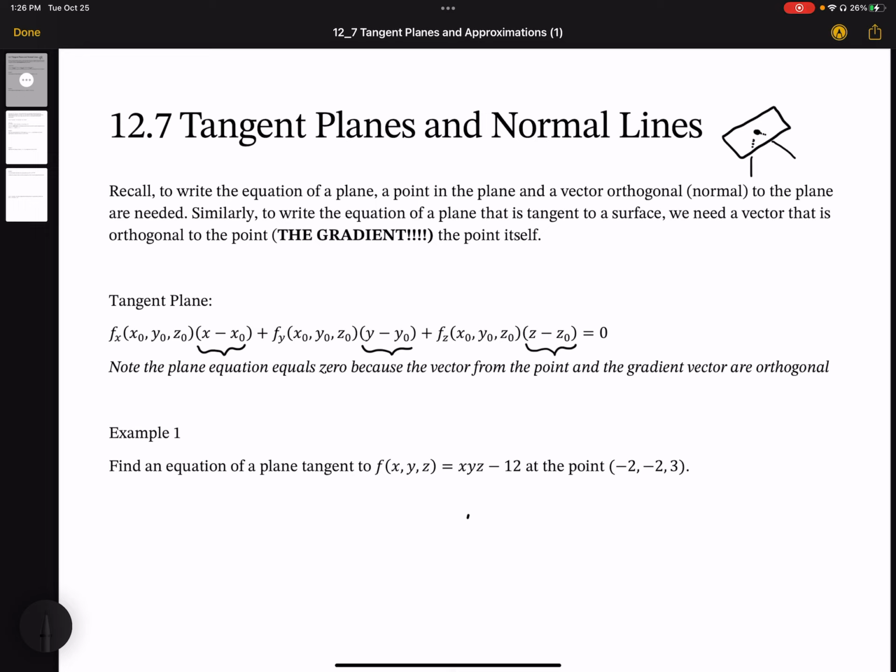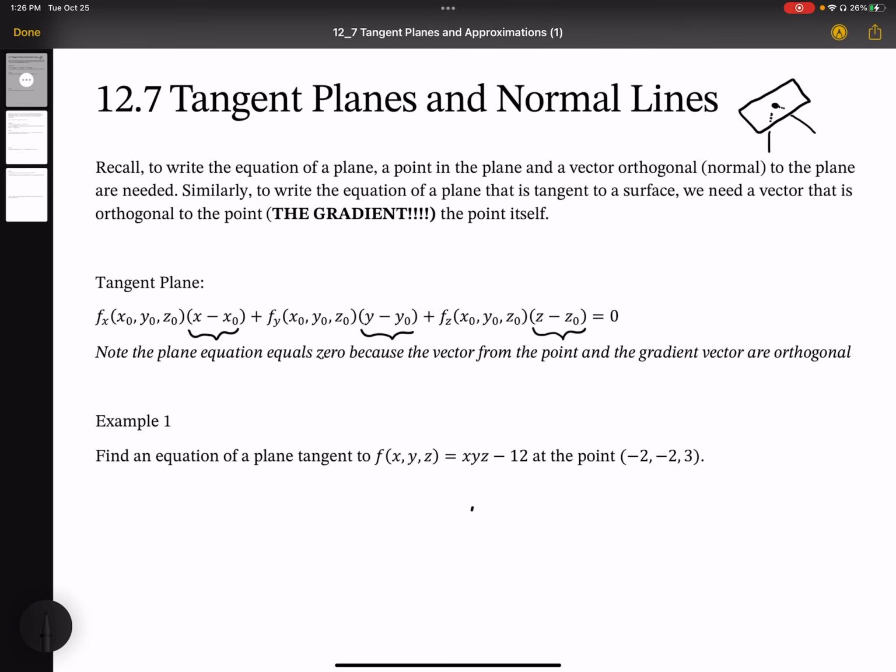So for example 1, we have this equation, f of x, y, z equals xyz minus 12. The partial derivative with respect to x is just yz, and at the point, fx of (-2, -2, 3) is -2 times 3, which is -6.